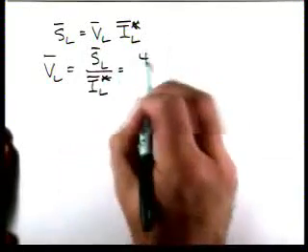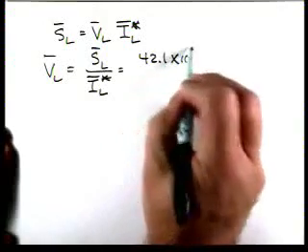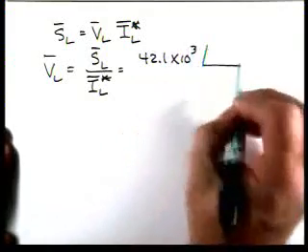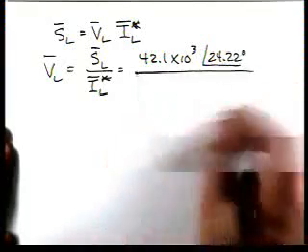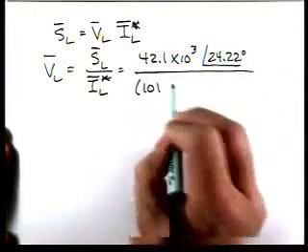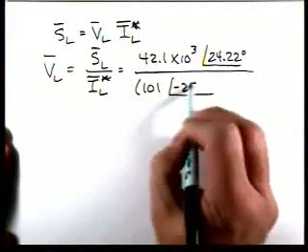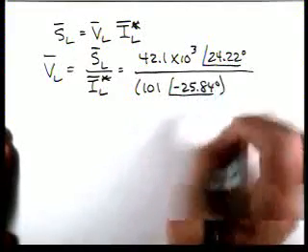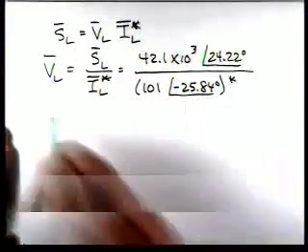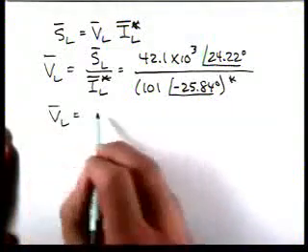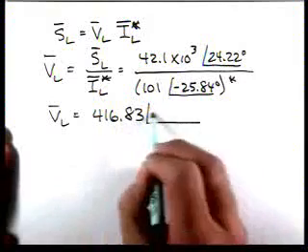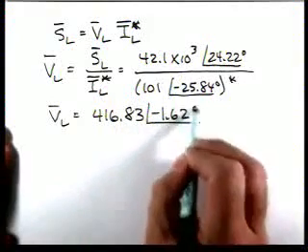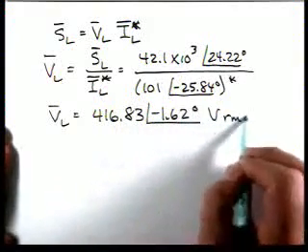So we have 42.1 times 10 to the third at an angle of 24.22 divided by 101 at an angle of minus 25.84, conjugate. So then VL is 416.83 at an angle of minus 1.62 degrees volts RMS.